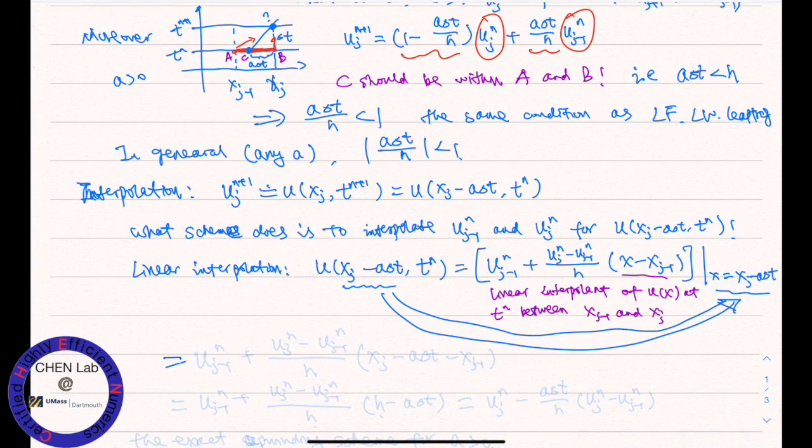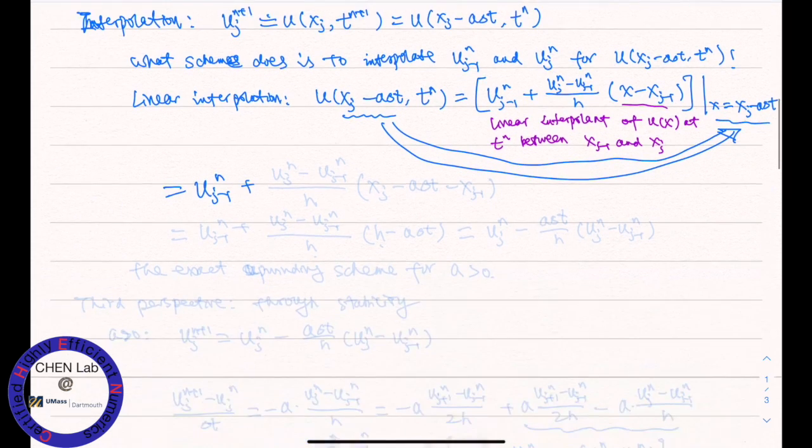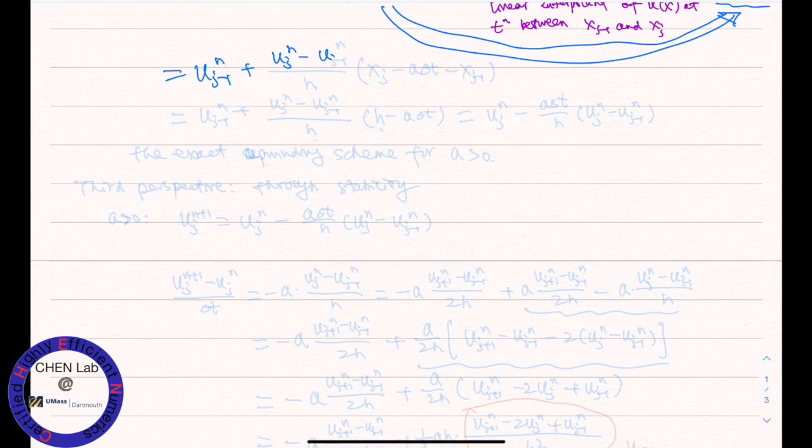That's U_(j-1)^n plus the slope, U_j^n minus U_(j-1)^n divided by h, times xj minus A delta t minus x_(j-1).